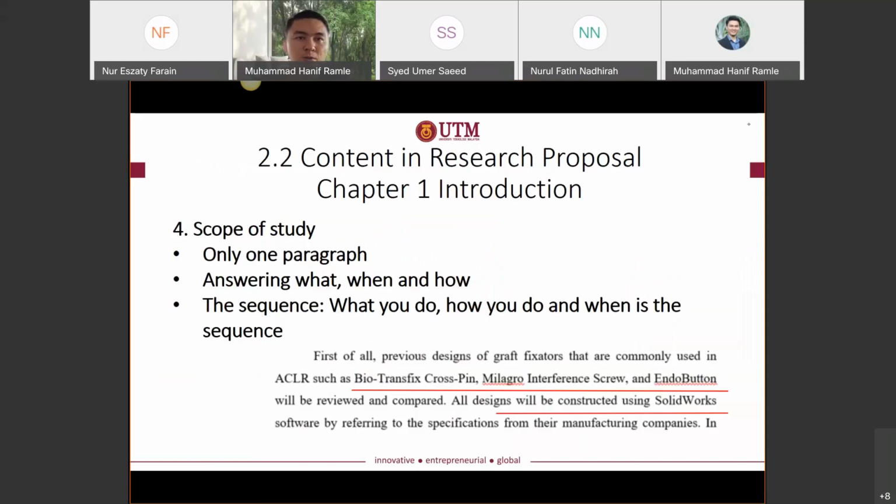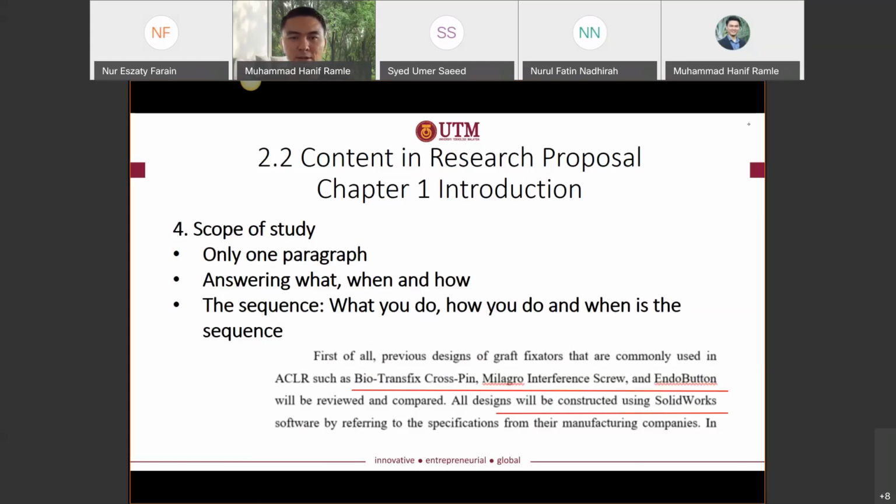The next one is the scope of study. Normally, I ask my students to provide only one paragraph, answering what, when, and how. What you do? For example, biomaterial on the development of a medical device.